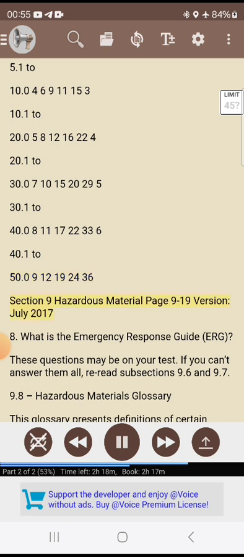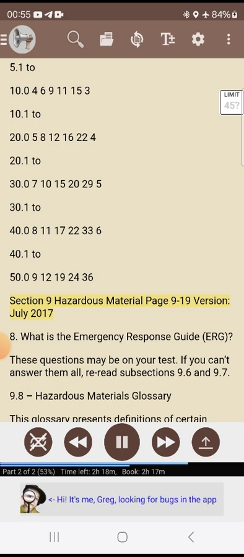Section 9 Hazardous Material page 9 to 19 version, July 2017.